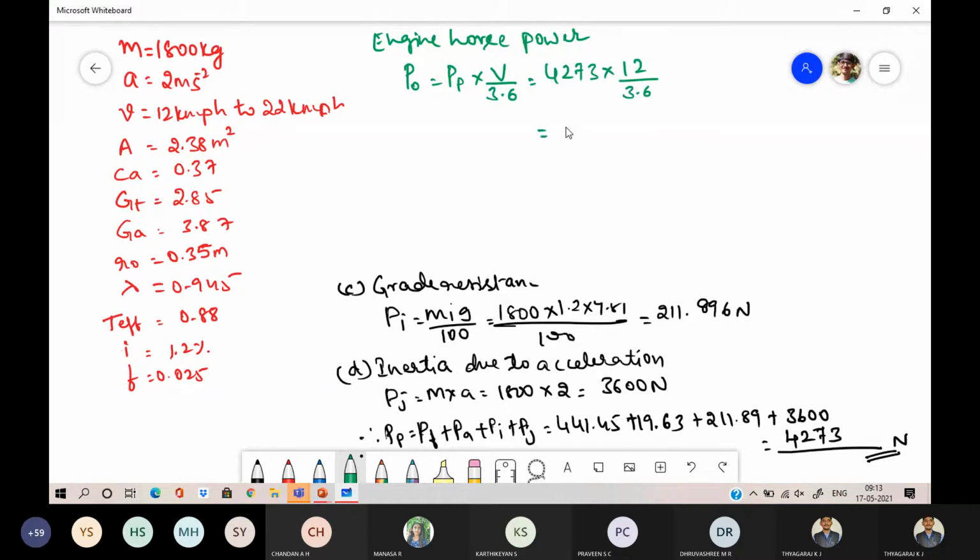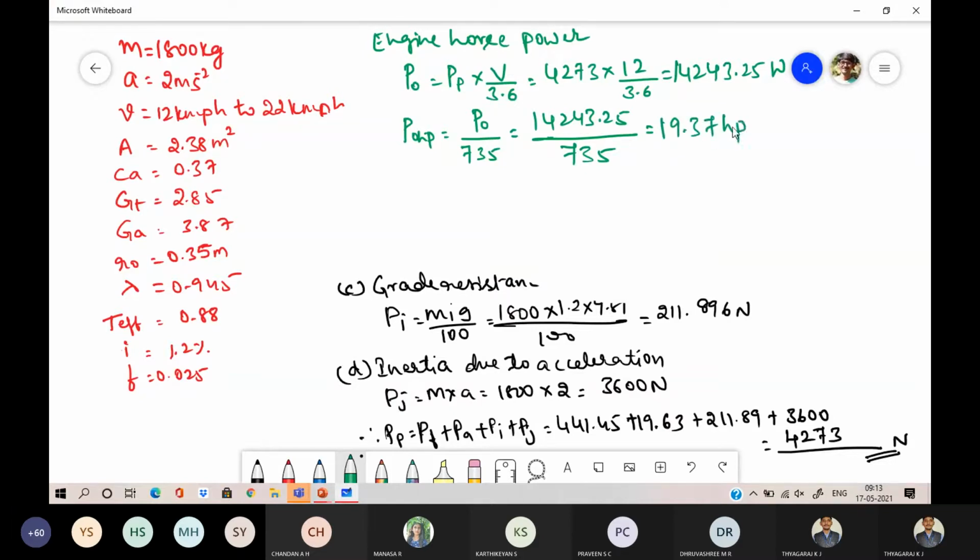So calculate the power, which will be in terms of watts. That is 14243.25 watt. When it comes in HP, P naught HP is equal to P naught divided by 735. So 14243.25 divided by 735. So we will get 19.37 HP.